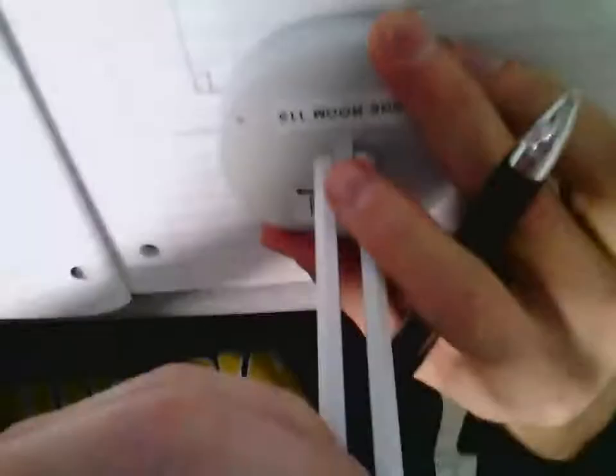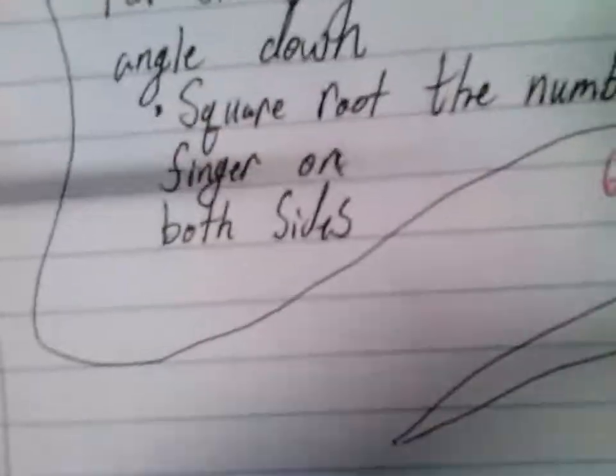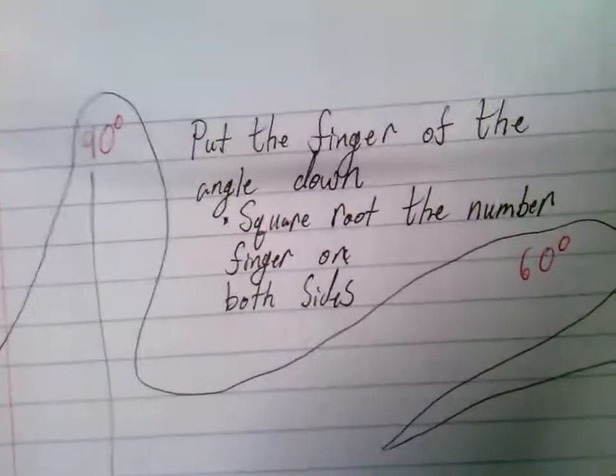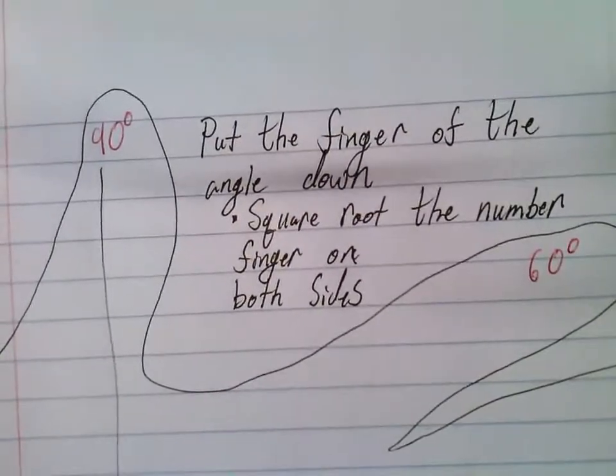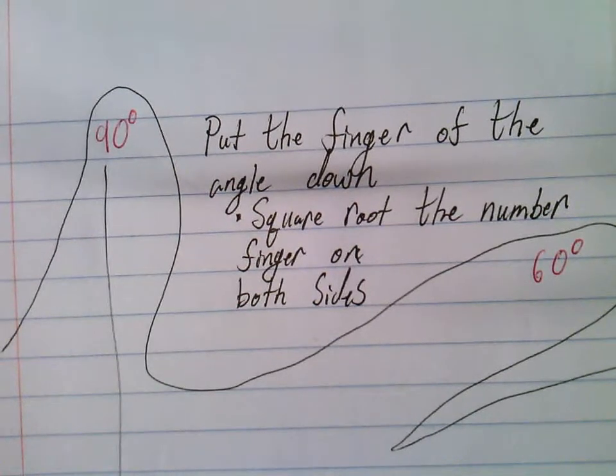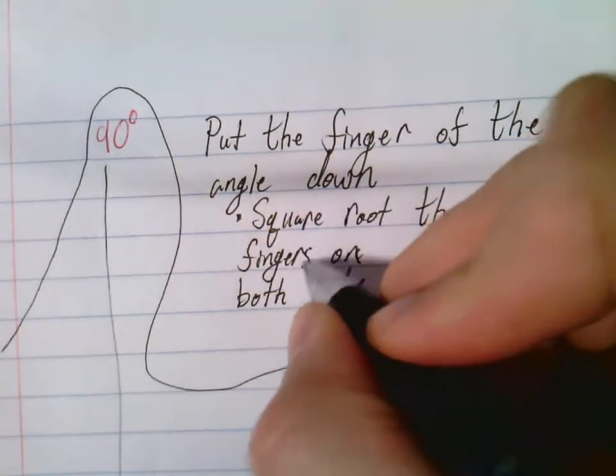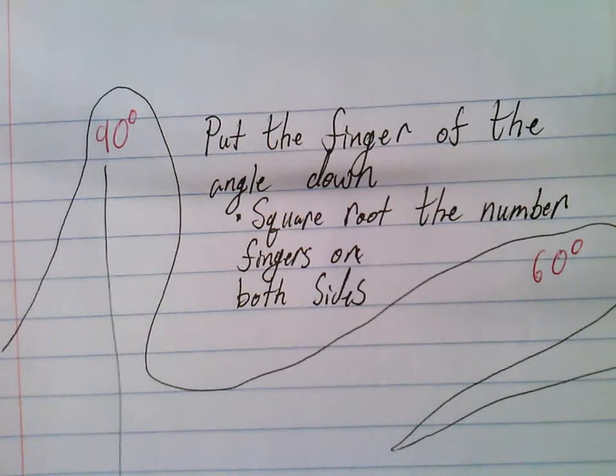Okay, so here we go. We'll go back in here. Put the finger of the angle down, square root the number of fingers on both sides.